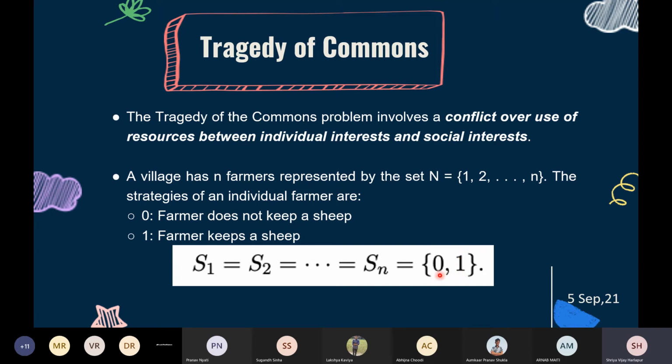So they can either choose not to buy any sheep or they can choose to buy one sheep, right? And so the strategy sets are equal for all the farmers in this case, just like we had seen in the ISCMG road example earlier. So it's {0, 1}. Those are the strategy sets for each farmer. Does anyone have a doubt on this slide?